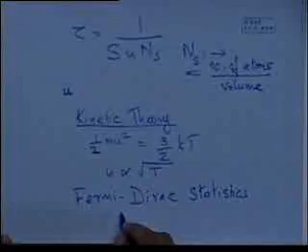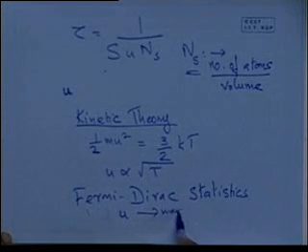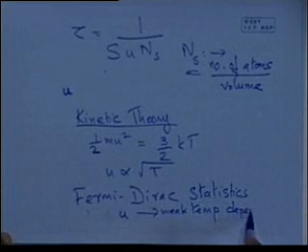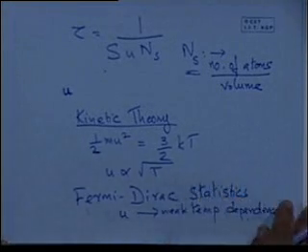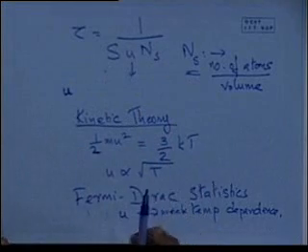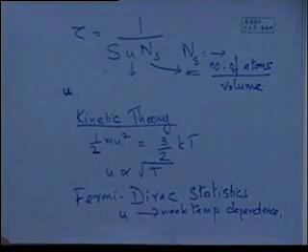And it turns out that u does not have a square root of T dependence, but rather a weak temperature dependence that we get from Fermi-Dirac statistics. So this term also, more or less, we are holding, does not change very much. Ns we have approximated, that is also not changing.